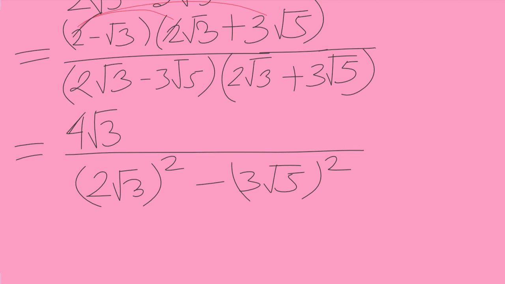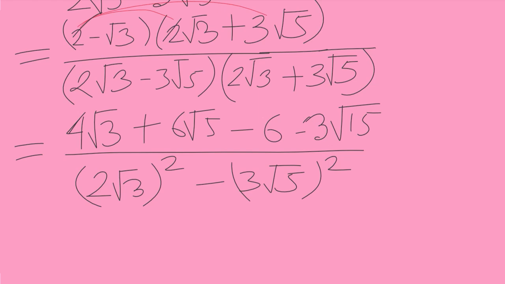Then 2 into 3 root 5, so 2 into 3 is 6, and that would be root 5. And then we have a minus sign, so 2 into root 3 into root 3, so root 3 into root 3 is 3. So 2 into 3 would become 6, and root 3 plus 3 root 5, so that would become minus 3 root 15. So that's the numerator.